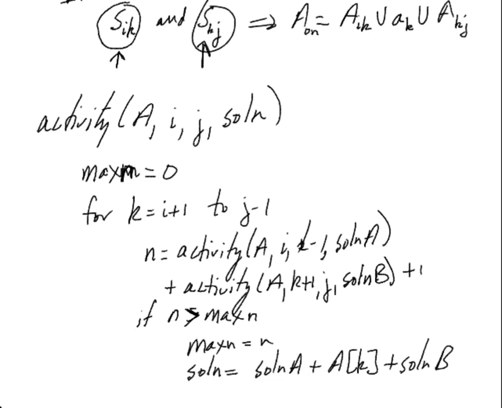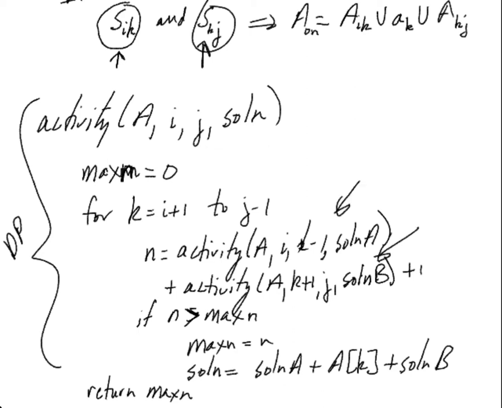And then we would return the size, the number of activities. So this is a dynamic programming solution. And it works, right? We've got our two subproblems, but it turns out that there's a better way, and that is the greedy approach.